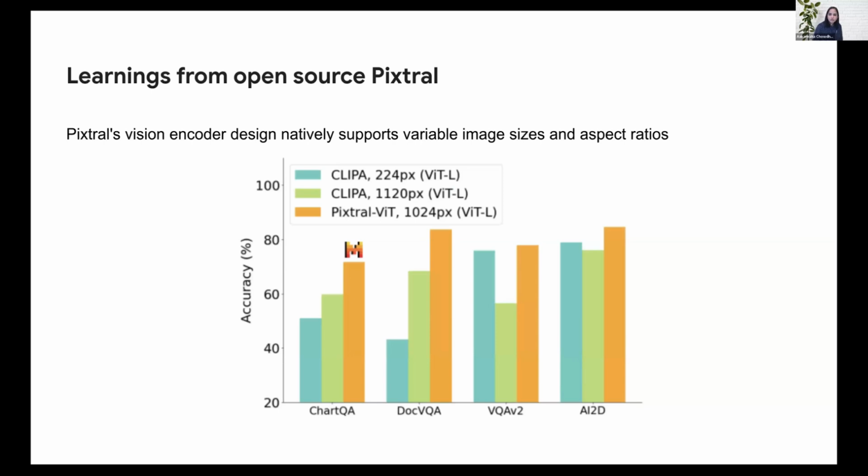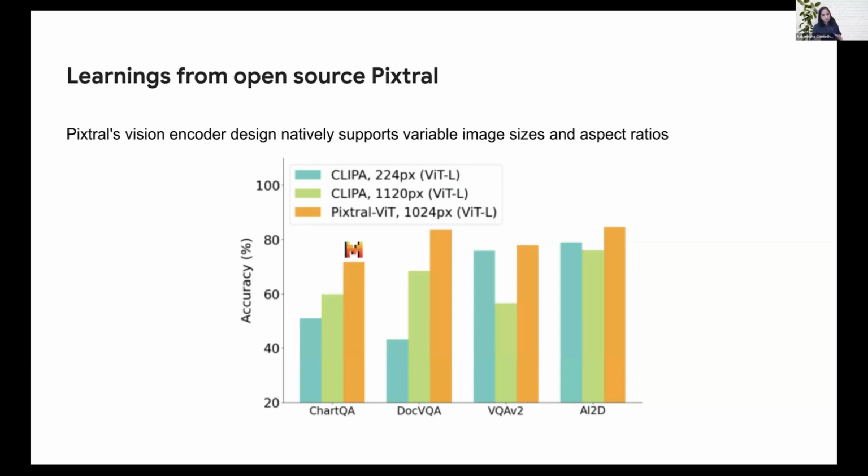Another interesting aspect of handling these variable image sizes is demonstrated in this particular figure, which analyzes the performance of the model relative to prior existing vision encoders. So let's take a look at that. CLIP L is trained as a vision encoder, which is just the large vision transformer, at 224 pixel size, and then the green one is at 1120 pixel size.